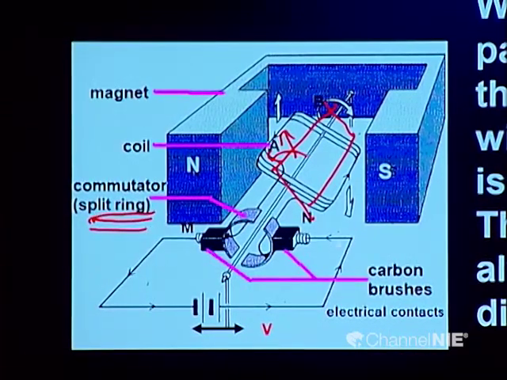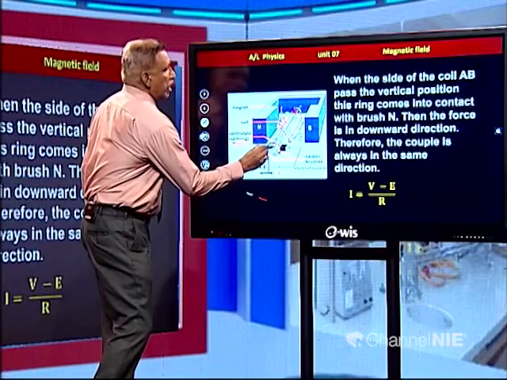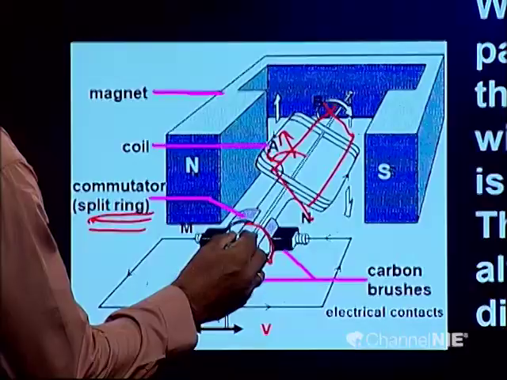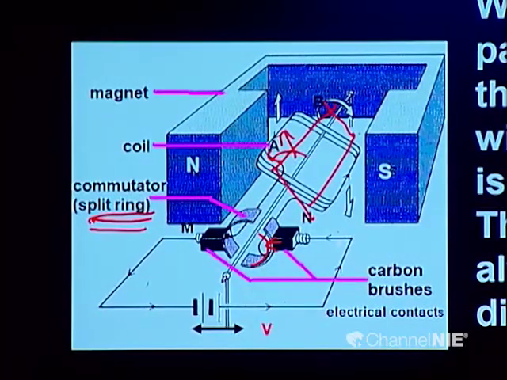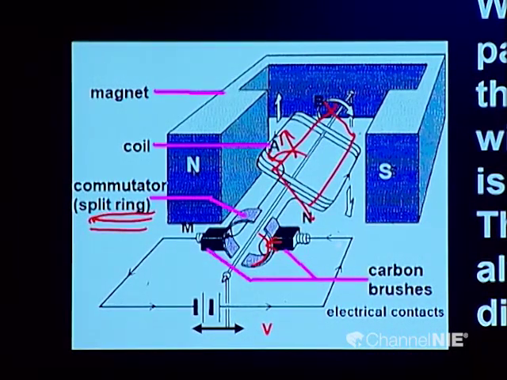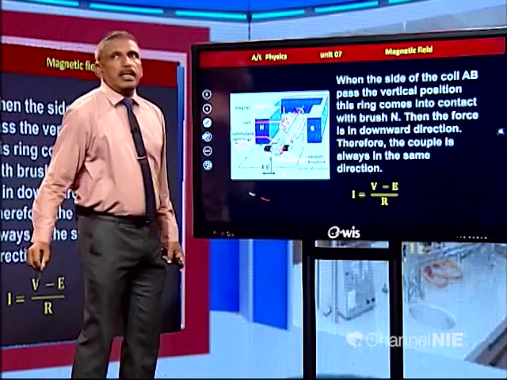So the force must change. So we always use this commutator to change the brushes. This commutator passes here and touches the brush end. When the side of the coil AB passes the vertical position, this ring comes into contact with brush N. This is the most important theory in the motor.